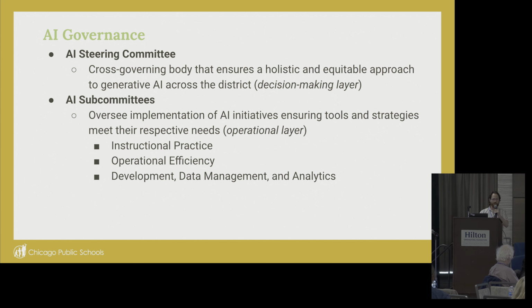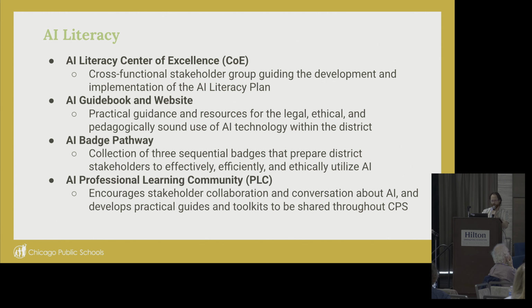A lovely thing about this AI moment, which is terrifying, but also lovely, is that it's pushing us out of our silos. So now I'm in the instructional subcommittee with some of the smartest people on all the different content areas, science, mathematics, literacy, the directors of those fields for our district, and we're speaking together about what is our instructional vision around AI? What would be meaningful to pilot on a district-wide level? And that's possible because we have this governance structure.